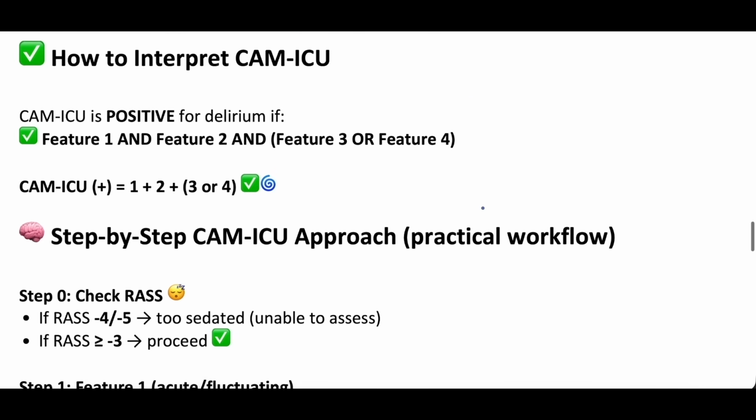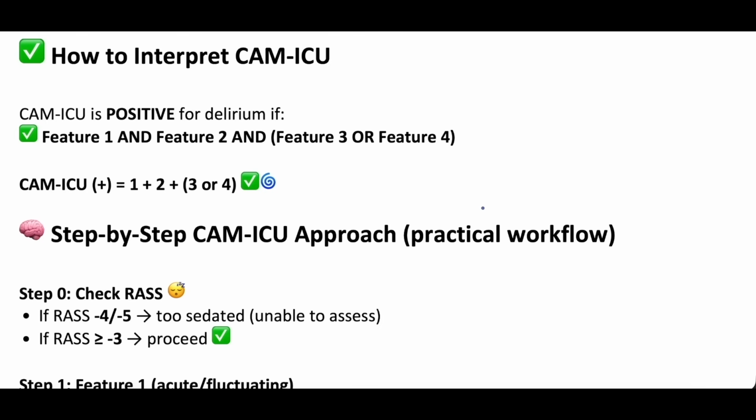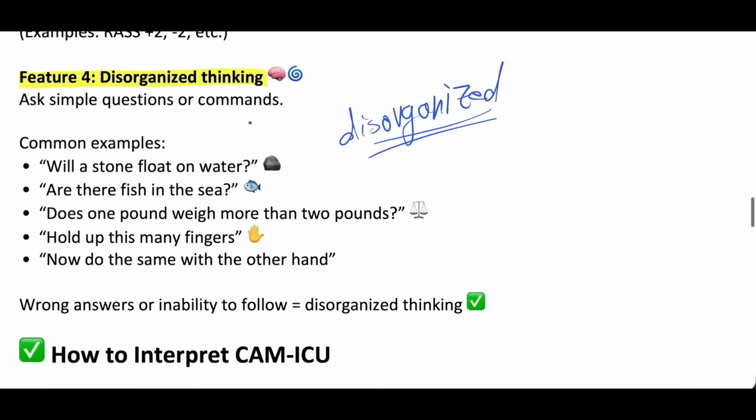Okay, how to interpret the CAM ICU? Well, the CAM ICU is either positive or it is negative. There's not a CAM score of 3 or a CAM score of 1. And to be positive, you need feature 1, so you need acute onset or fluctuating mental status. And you need feature 2, right? Feature 2 was, we'll scroll back up so you can see it.